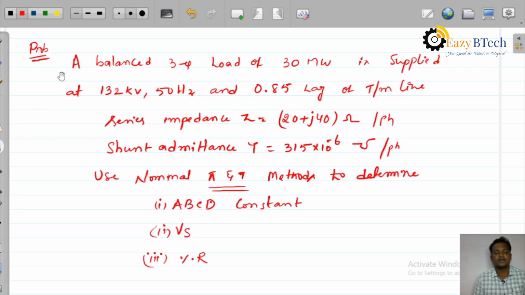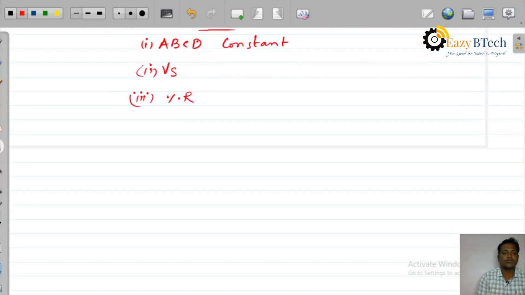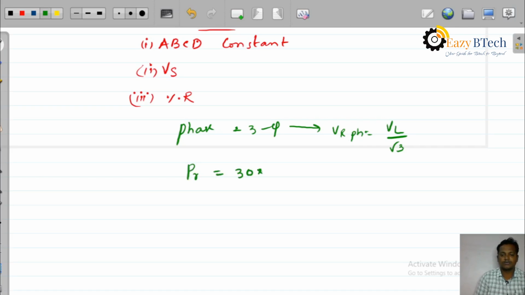First we will see what is the information they given. Now they given it is a three-phase system. In a three-phase system we have to calculate VR per phase. They will provide line voltage, then we have to calculate VR per phase. That is the indication, that's why I am writing phase. And they given the load, which is nothing but receiving end power, 30 megawatt, that is 30 into 10 power 6 watt.